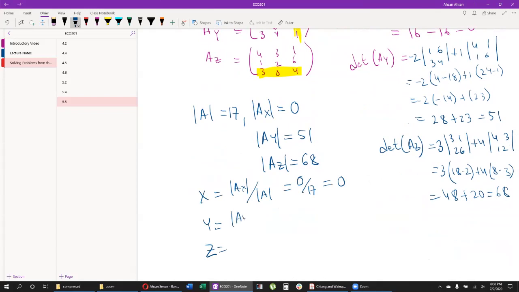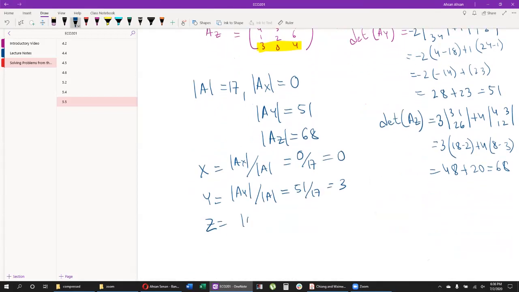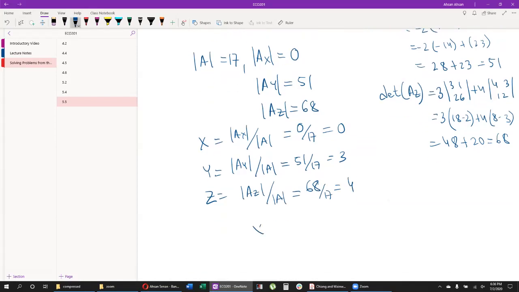Y is given by this divided by this, which gives us 51 divided by 17. So that's 3. And Z is given by this divided by this. So 68 by 17, that gives us 4. So what we have is X equal to 0, Y equals 3, and Z equals 4, and that's the answer.